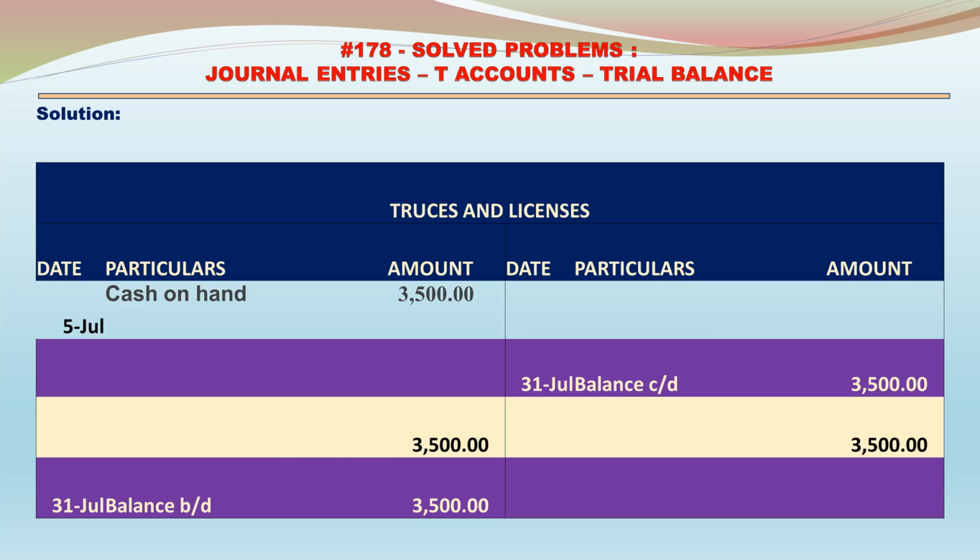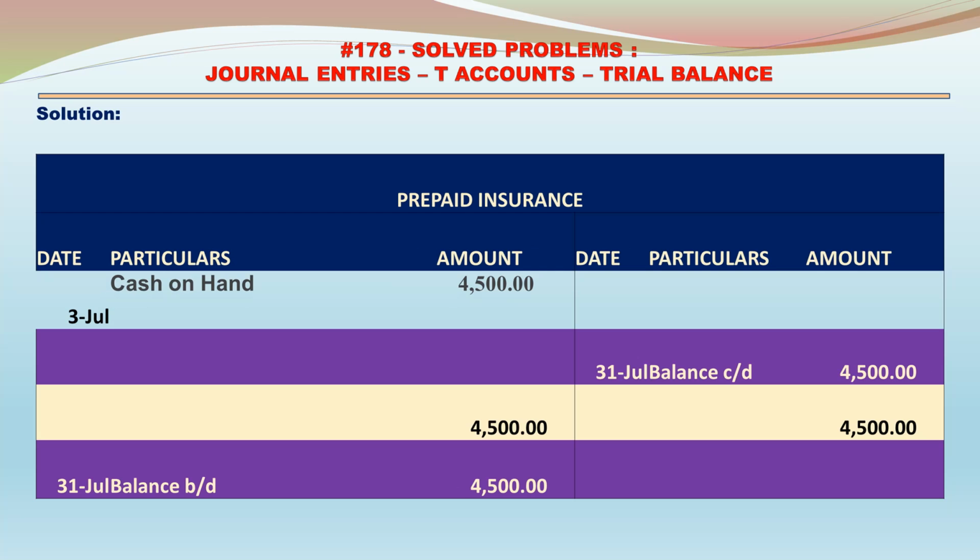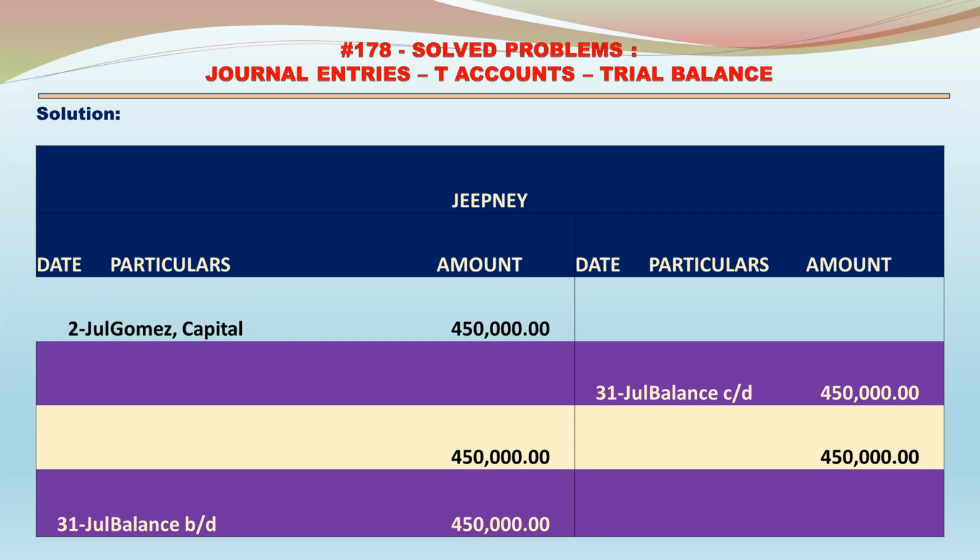Taxes and licenses on the debit side, 5th July cash on hand 3,500, balance brought down 3,500 debit in the taxes and licenses account on 31st July. Prepaid insurance, 3rd July cash on hand 4,500 debit, balance brought down 4,500 debit in prepaid insurance account.